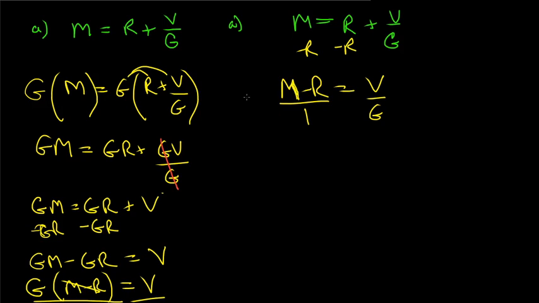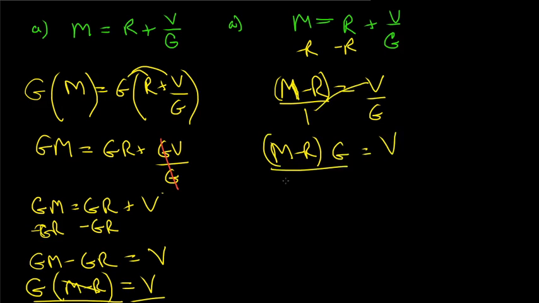I mean, yes, it's two terms, m minus r, but it is a single fraction, right? For example, it's not like d over 3 plus m minus r over 1. That would be two fractions. This is one fraction. So the point is we can just cross multiply here, right? Multiply m minus r, in parentheses, times g, and that's equal to 1 times v.